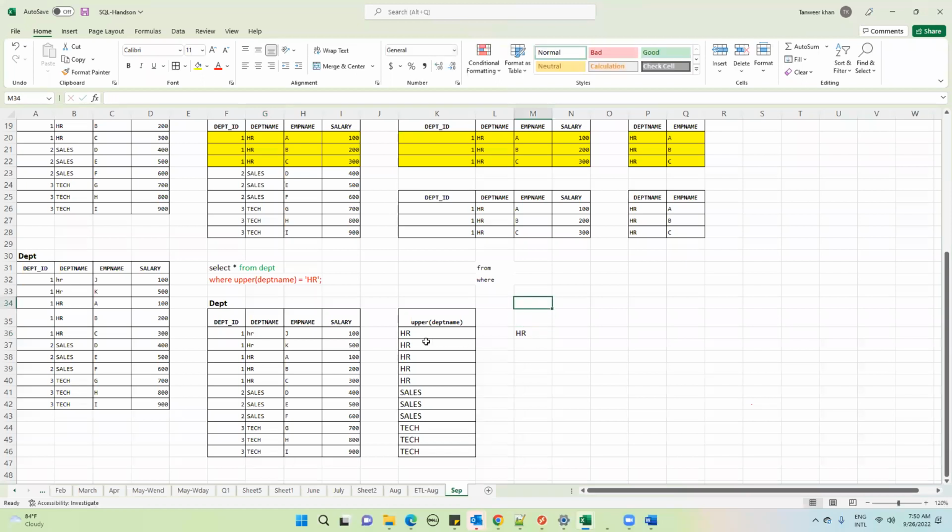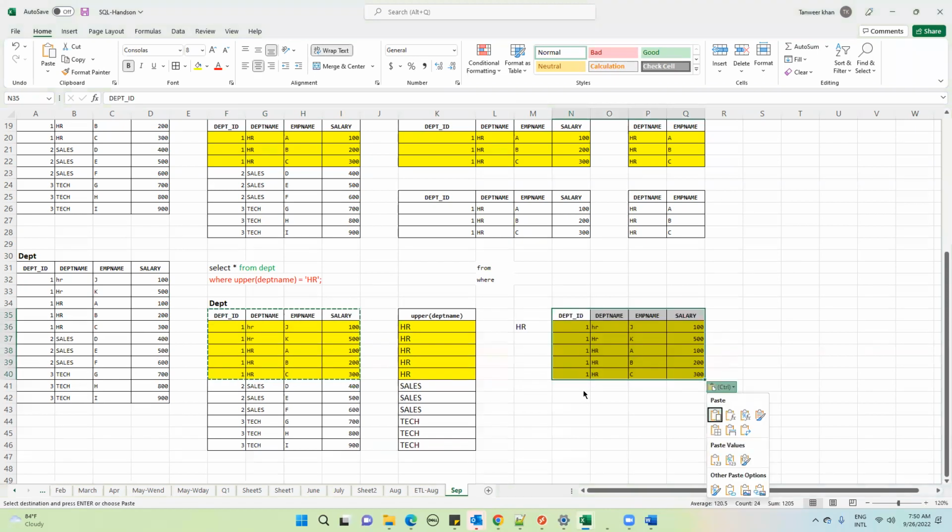Wherever you have uppercase HR, it will highlight it, because you're searching for this. Then it will check the corresponding records here. These all are the corresponding records. It will highlight and copy them and keep them in temporary memory.